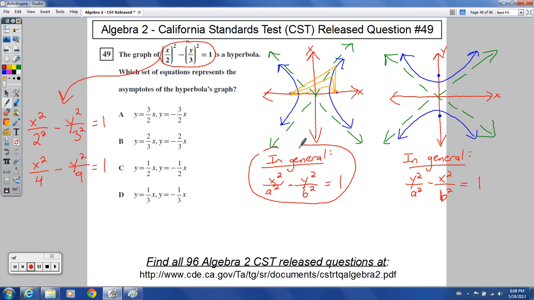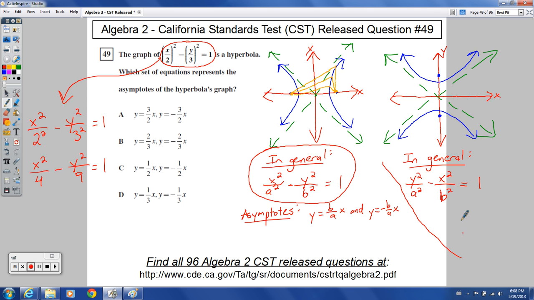And so from there, we need to know what the equation for the asymptotes is. If we're using this form, the equations for the asymptotes are y equals b over a times x and y equals negative b over a times x.